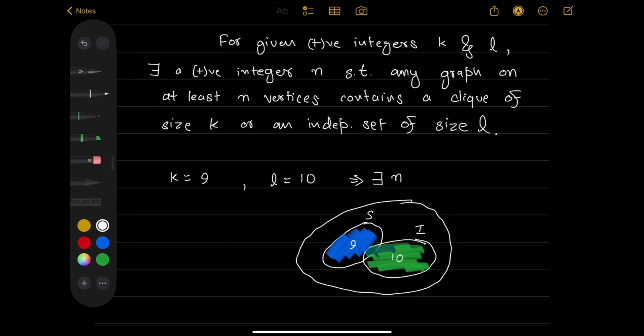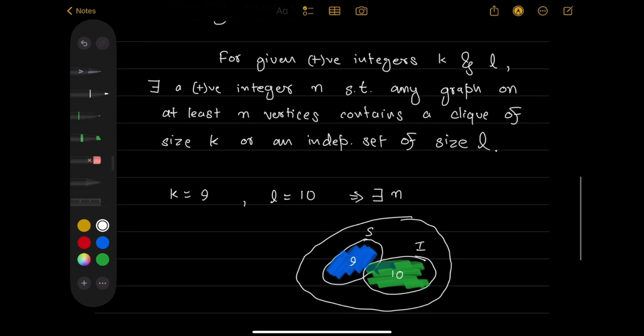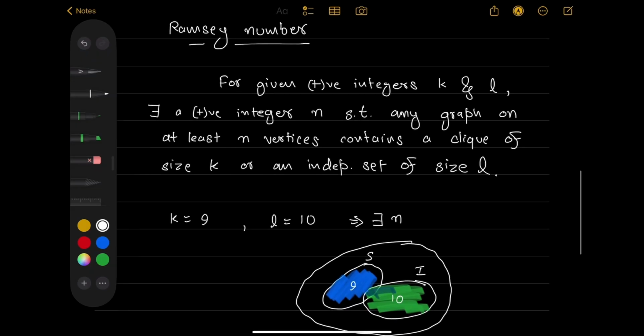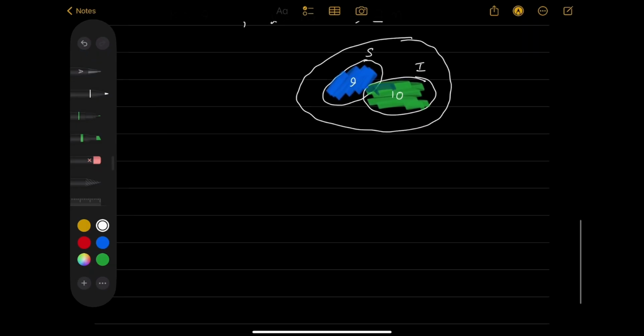So this is what we mean by the Ramsey number theorem: given integers k and l, we will definitely find an integer n such that any graph on n or more vertices will contain a clique of size k or an independent set of size l. The Ramsey number is the smallest such n.